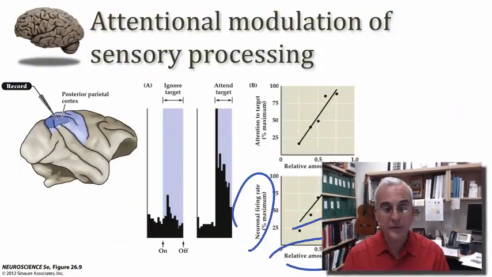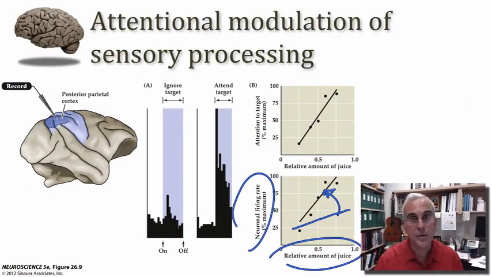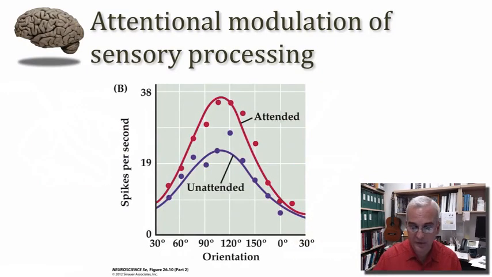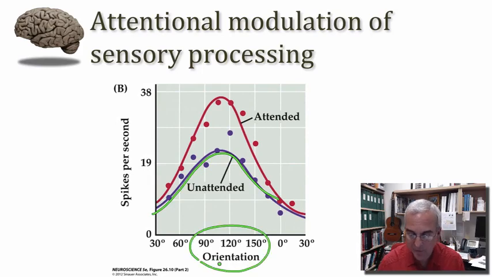Well, the same basic effect can be seen within our early sensory cortex, and this is an example of how attention can modulate the tuning properties of neurons even in the early visual cortex. So what we're looking at here is a tuning function. We call this a tuning curve, in this case for orientation of the visual stimulus.